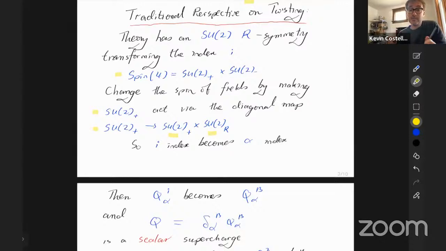So what does that mean? That just means that, whereas before I had an index I in my supersymmetry algebra, I'm now going to make that index transform under the Lorentz group. So it transforms as the index alpha.